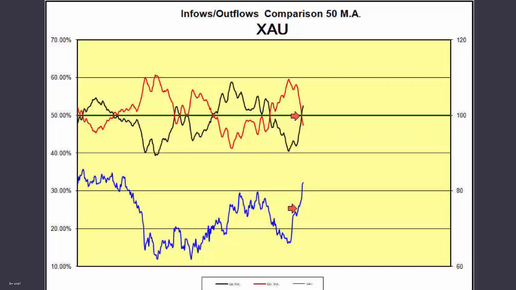So when I have a crossover, that tells me to look for a pullback to buy. The second thing that it does is give you an alert through positive or negative divergences. If price is going up, but this indicator is going down, that tells me the trend is not sustainable.